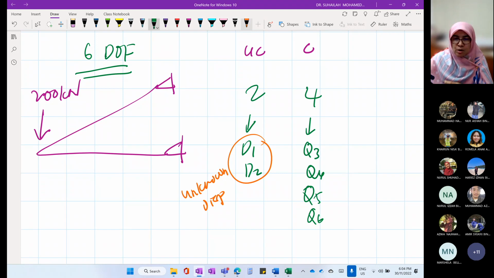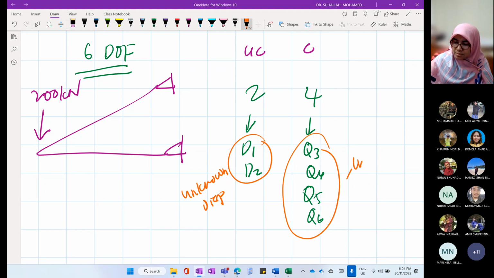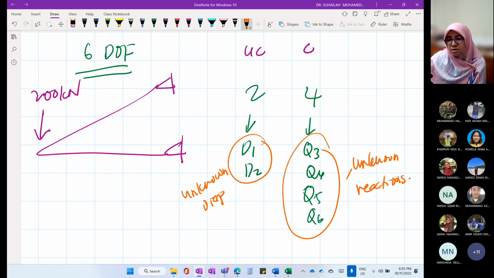Okay, so what are Q3, Q4, Q5, Q6? These are the four unknown reactions. So these four are unknown reactions.